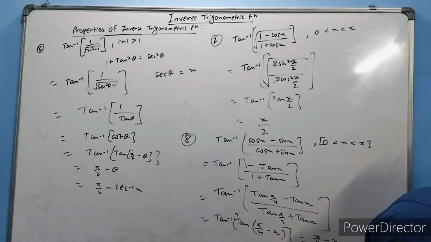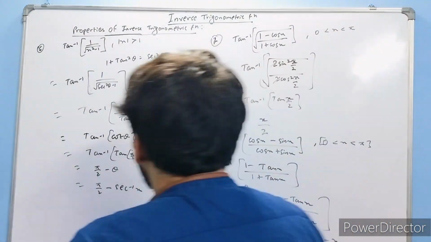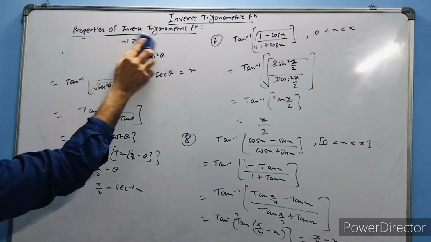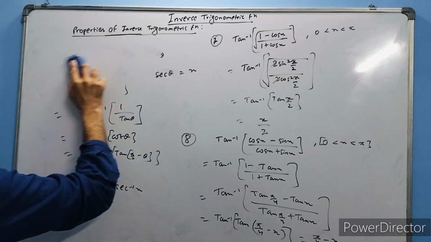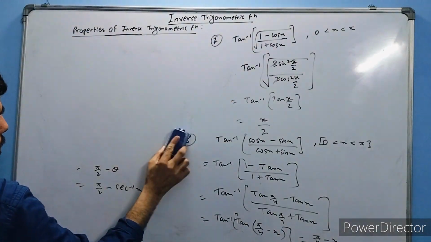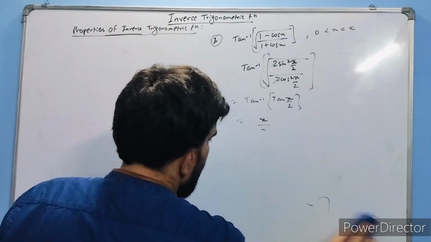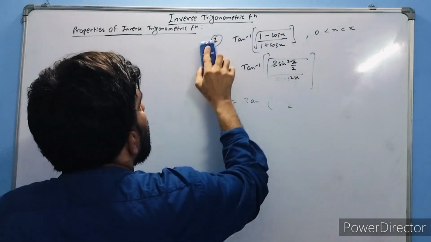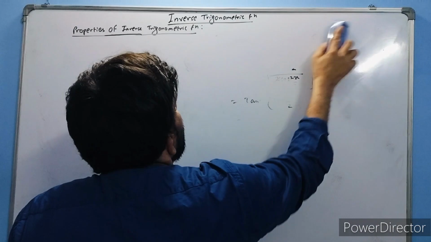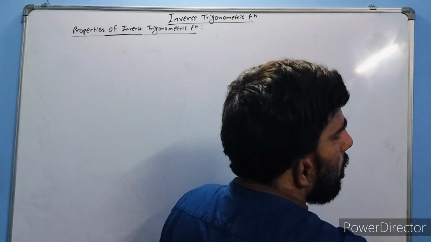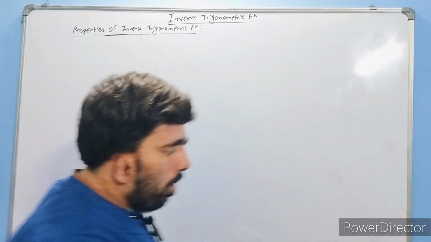Now let us try to solve the next one. The 9th question. We have just solved only 8. Now we'll try to solve the 9th one. I hope it's clear to everyone. It's a very simple question they have given, and in this exercise we just have to apply the properties only.